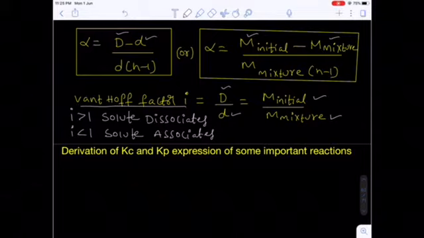So whether the solute is undergoing dissociation or association, we can predict with the help of iota. If there is neither association nor dissociation, then the iota value is equal to unity. The problems related to the Van 't Hoff factor we will see in the liquid solutions chapter, that is 12th physical chemistry.